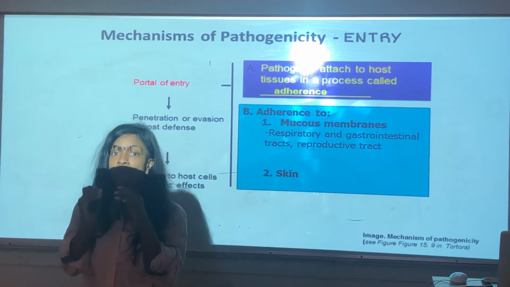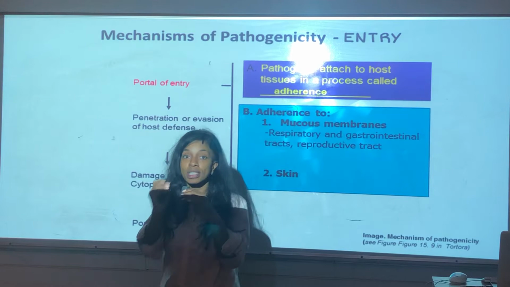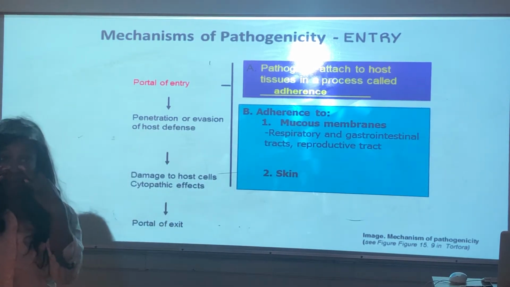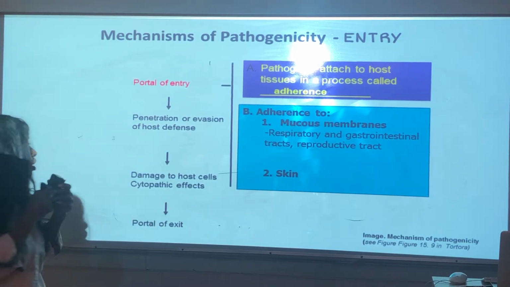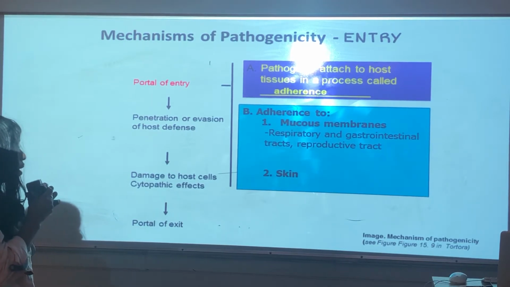In order for the cold virus to cause its damage and to get in successfully, where does it need to attach? It needs to attach to the mucous membranes of the nasal cavity. That's where they'll get in, and that's where they'll cause the most damage and be able to take advantage of the host.